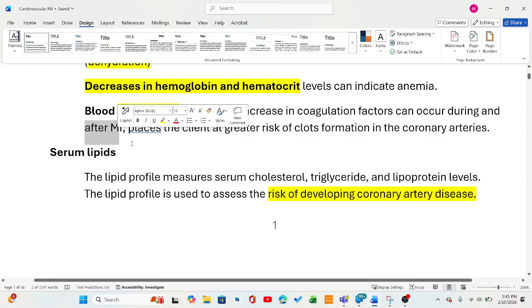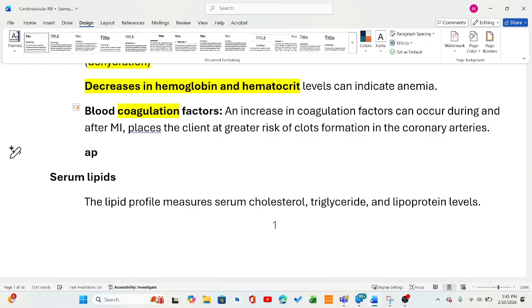Whenever somebody is on heparin, the first thing you need to know, which NCLEX can test you on, is how do we determine the therapeutic levels of heparin? We use the APTT. So please don't forget this one. This APTT will be the one the doctor is going to order, which we usually check every 6 hours until the person is therapeutic.